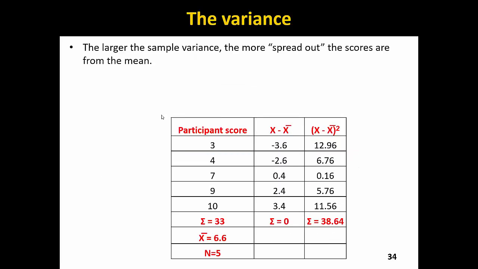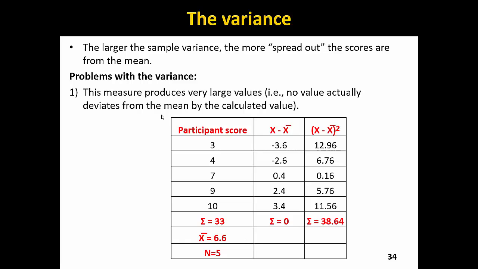Now, the larger the sample variance, the more spread out the scores are around the mean. Now, calculation of the variance carries some potential problems. The variance measure produces very large values. No value actually deviates from the mean by the calculated value.